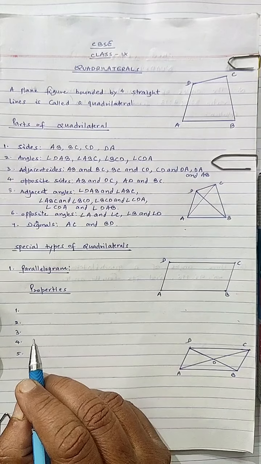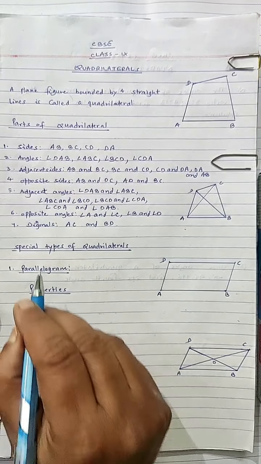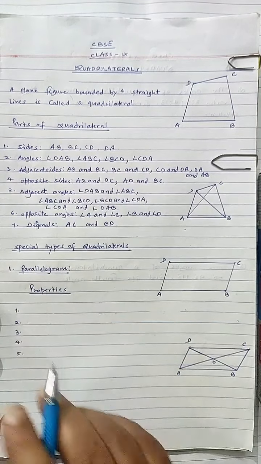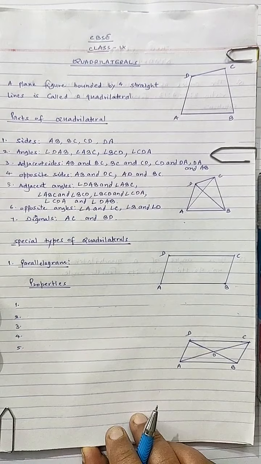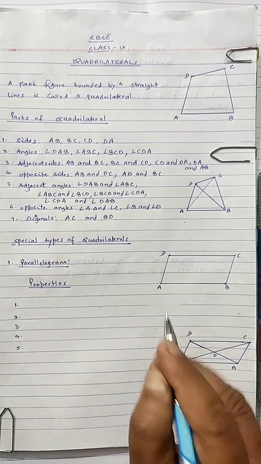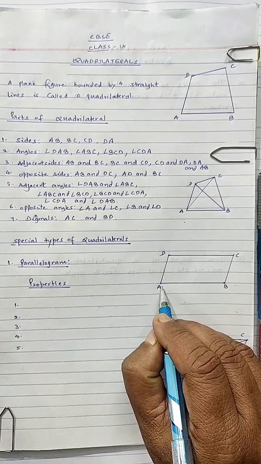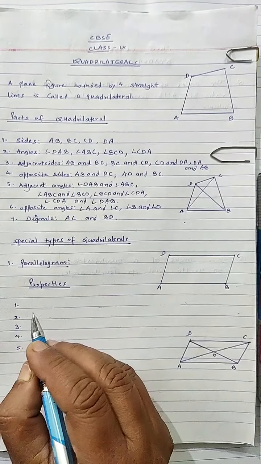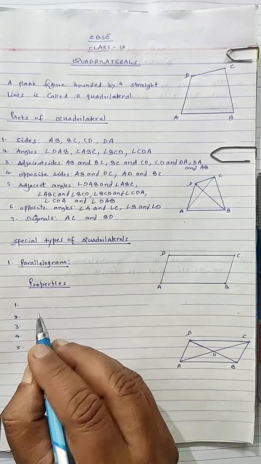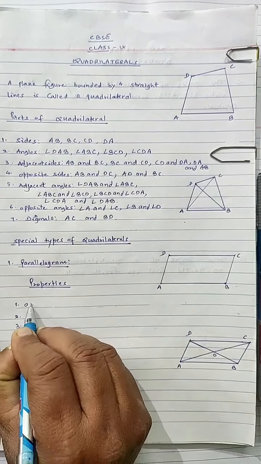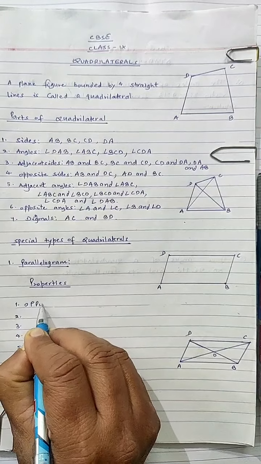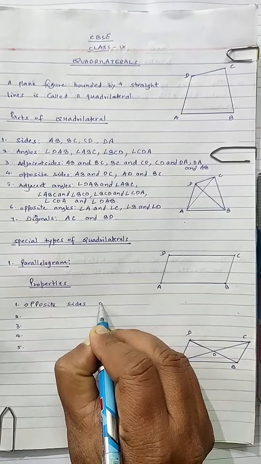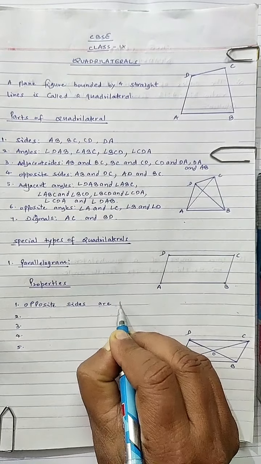Now we have some special types of quadrilaterals. One is parallelogram. Now we'll learn the properties of parallelogram. I have made a figure of parallelogram A, B, C, D. See the properties of parallelogram. First property is opposite sides are parallel.